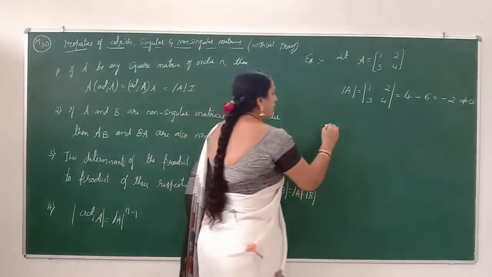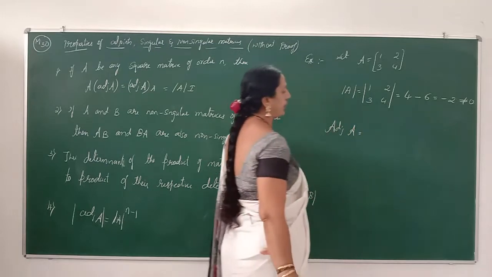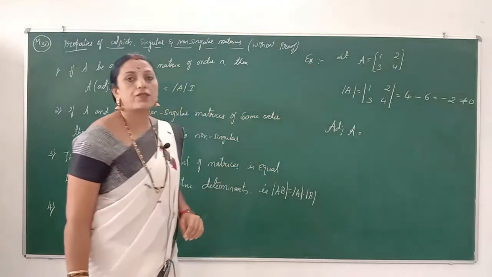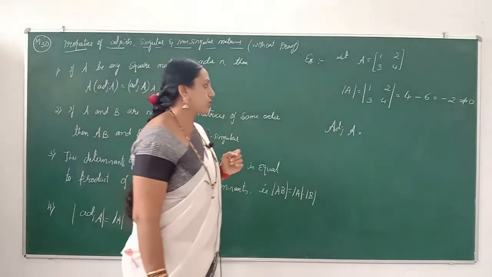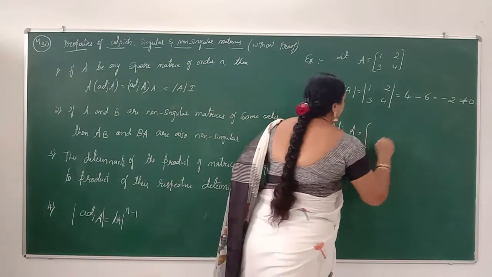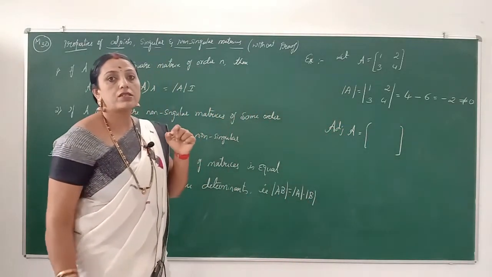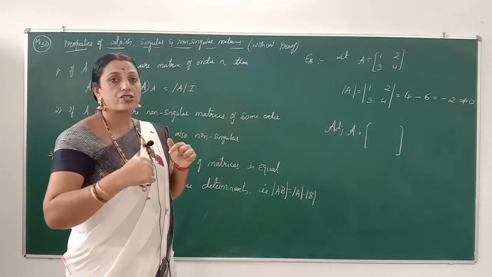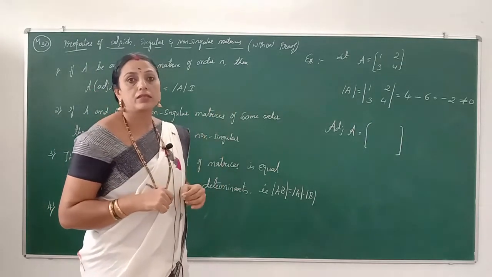Then next we'll find the adjoint of A. We already know how to write the elements of the adjoint of A in 2 cross 2 matrices, in the shortcut form. The elements of the left diagonal change their places, and the right diagonal elements are multiplied with a minus sign.